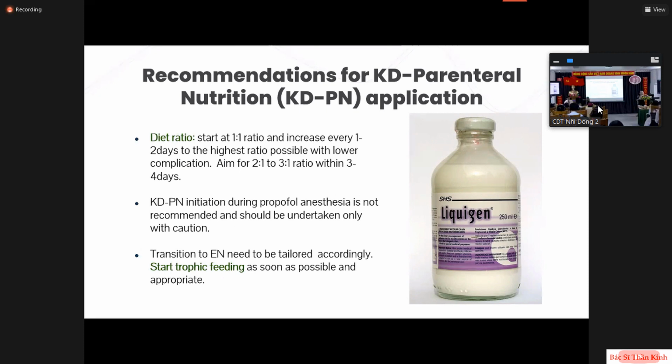For the diet ratio, you can start at a 1-to-1 ratio and increase every 1 to 2 days to the highest ratio possible with the lowest complication, and 4-to-1 or 3-to-1 ratio within 3 to 4 days. KDPN initiation during propofol anesthesia is not recommended and should be undertaken only with caution. Transition to enteral nutrition needs to be tailored accordingly. Start trophic feeding as soon as possible and appropriate.